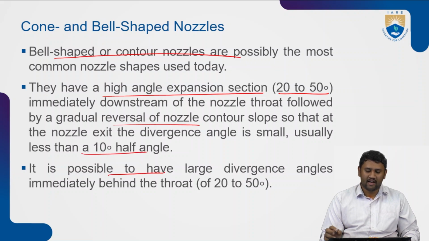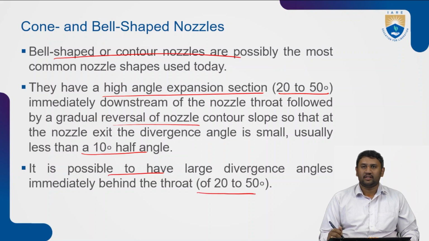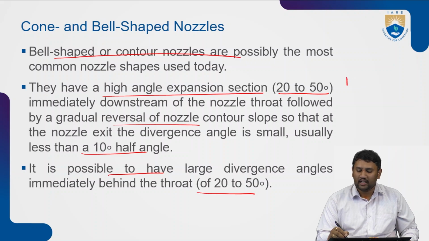Now, it is possible to have large divergence angles immediately behind the throat, that is from 20 degrees to 50 degrees. Let me consider this as my throat. Nozzle exit.